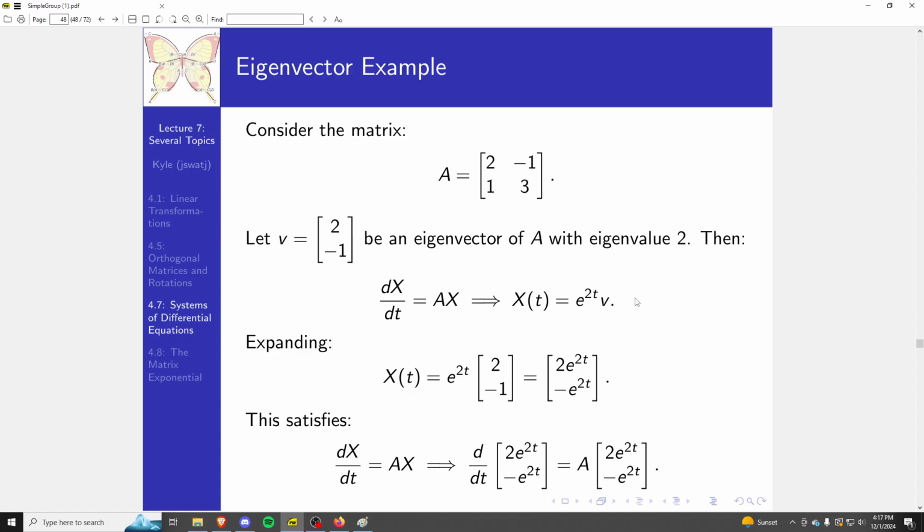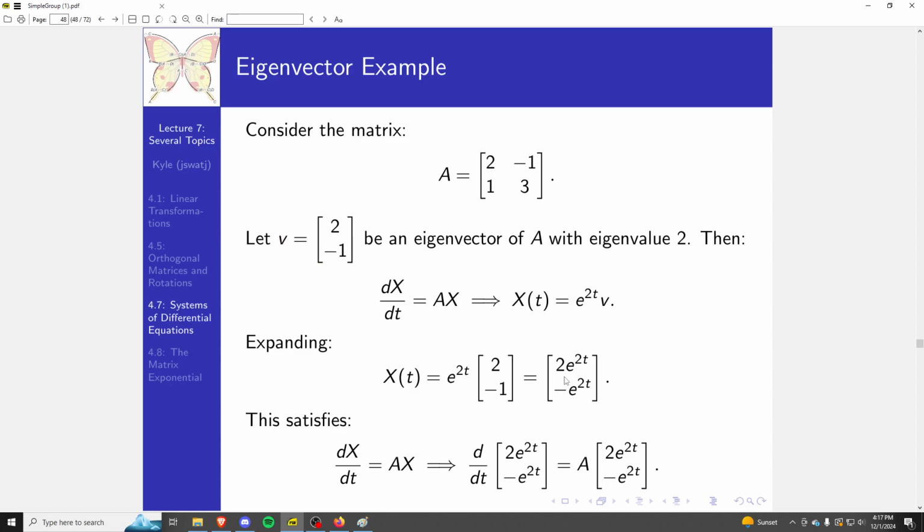And so here's an example. If we consider the matrix A, which is 2, -1, 1, 3, we let V be an eigenvector 2, -1 of A that has eigenvalue 2, then the solution set of the system will be exactly the solutions of e to the 2t times V, which is this V right here.